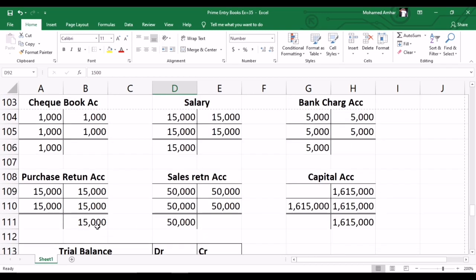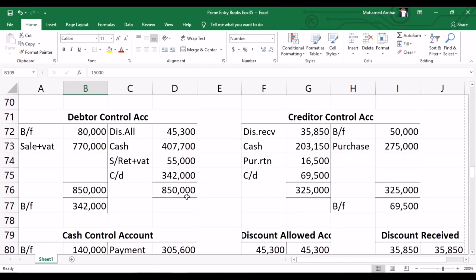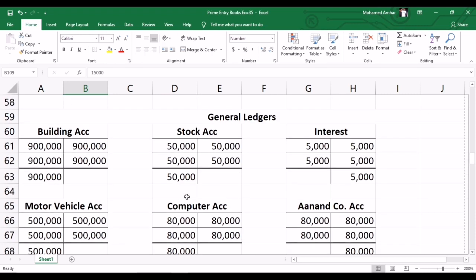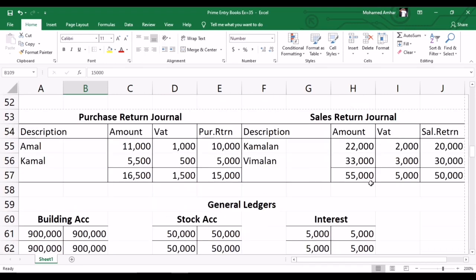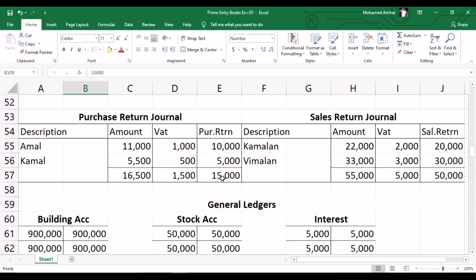Purchase return account here credited. VAT account and purchase return account credited. So this is the purchase return total.